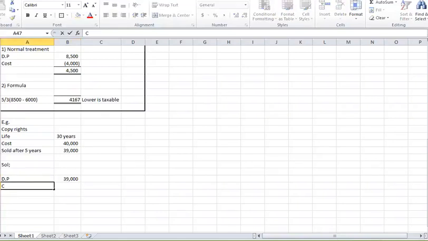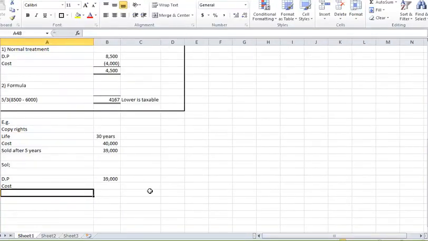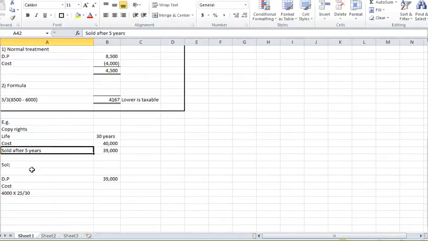And now we need to deduct cost as well. In order to calculate the cost of this asset, first we will write down the full cost, which is 40,000 pounds, into the remaining life, which is 25 years, divided by total life, which is 30 years. We are going to sell these intangible assets, these copyrights, after 5 years. So total life is 30 years. We have used these copyrights for 5 years, and remaining life is 25.